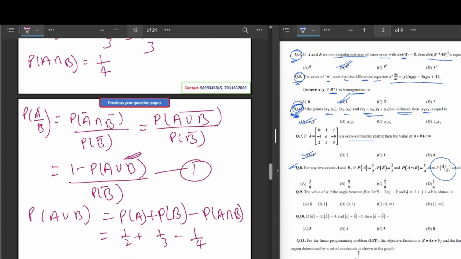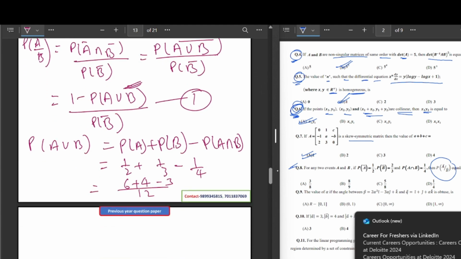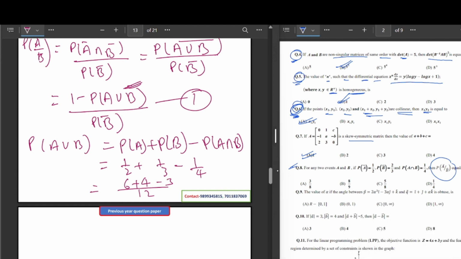When we solve this one, taking LCM 12, we get 6 plus 4 minus 3, so it will become 7 by 12. So P of A union B is equal to this.